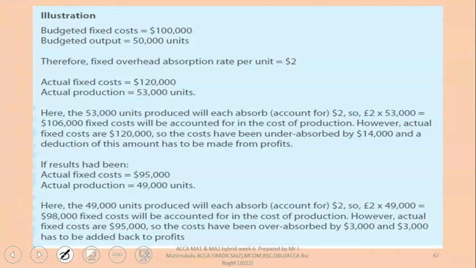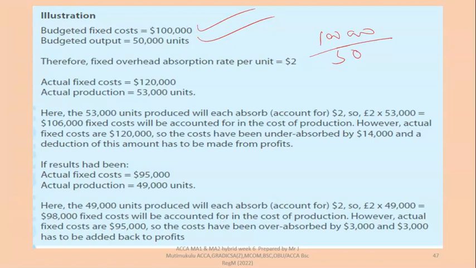For example, budgeted fixed costs were $100,000 and budgeted output was 50,000 units. Therefore, fixed overhead absorption rate is $2, which is given by 100,000 divided by 50,000.